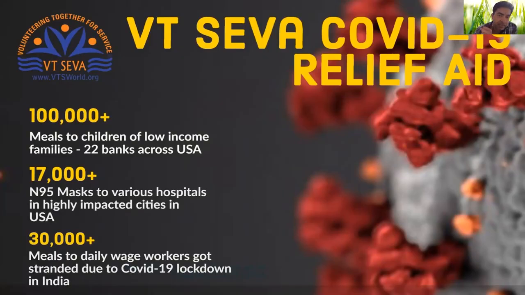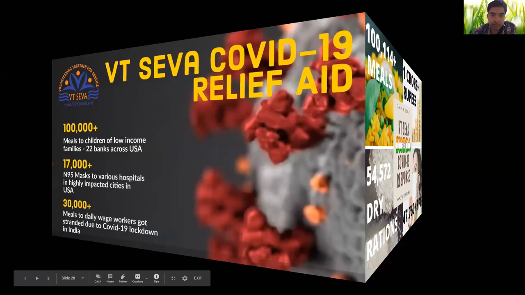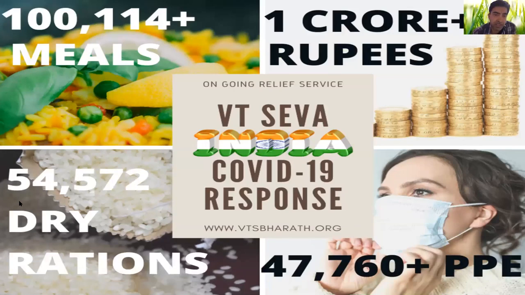Next slide, please. Do we have the next slide on this? So here you can see the Vtsava volunteers in India. Though they have been locked down, much more stringently than what we have been experiencing in the US, they were able to reach out and provide these kinds of services to the people who were really impacted.